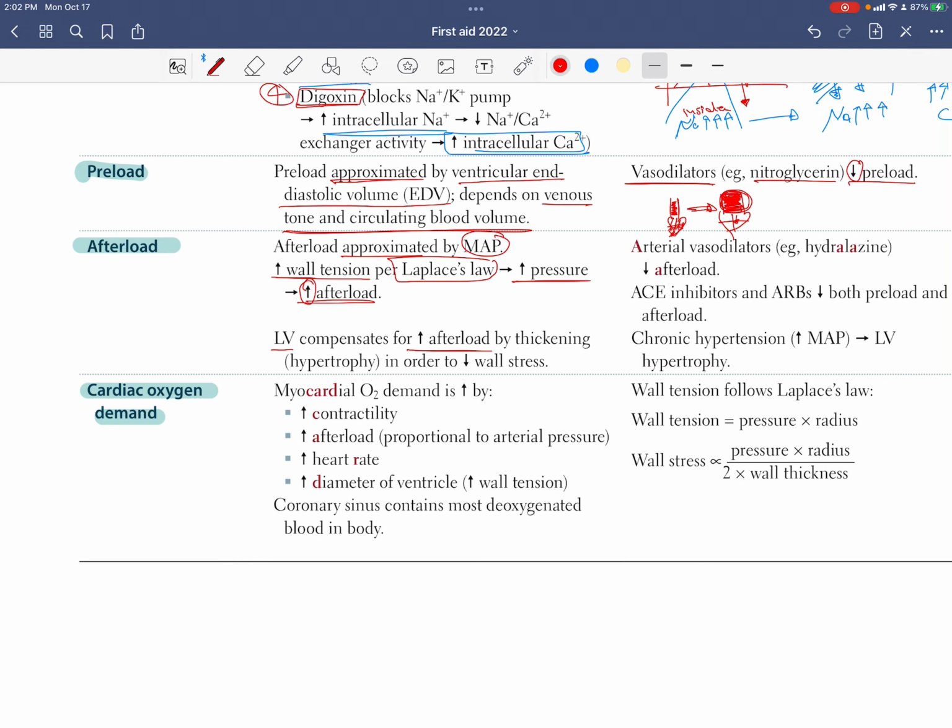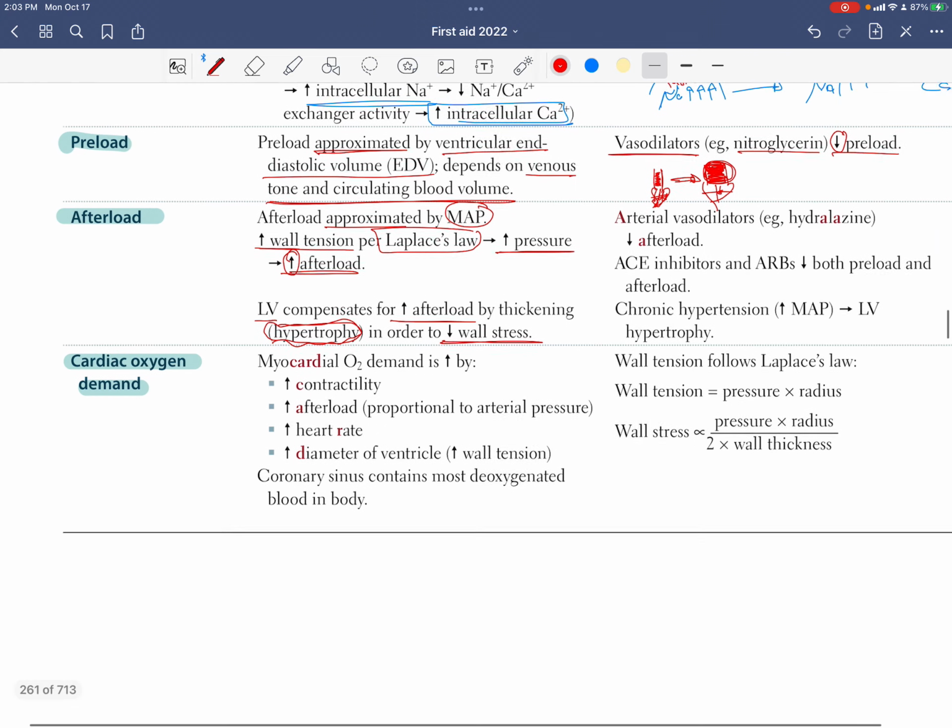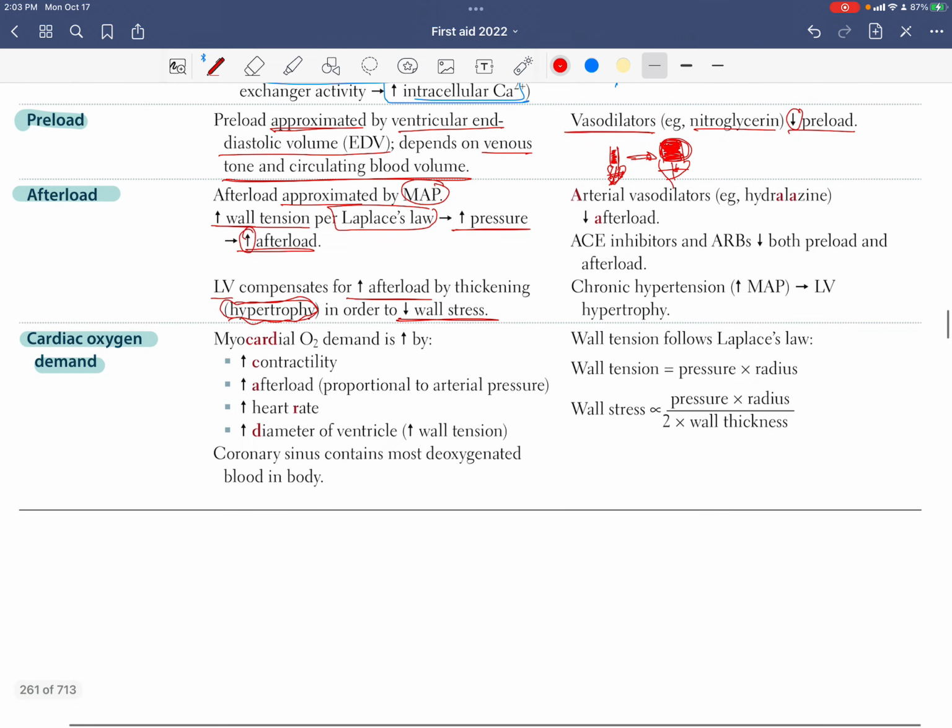So the left ventricle compensates for the increase in afterload by thickening, because it needs to get that blood out of the heart, so it should pump harder, and it does so by undergoing hypertrophy, in order to reduce wall stress.